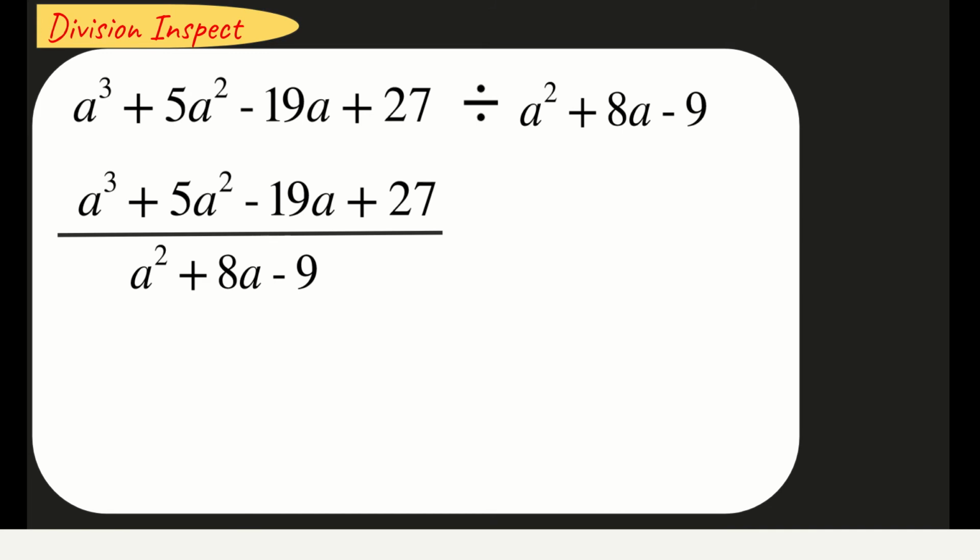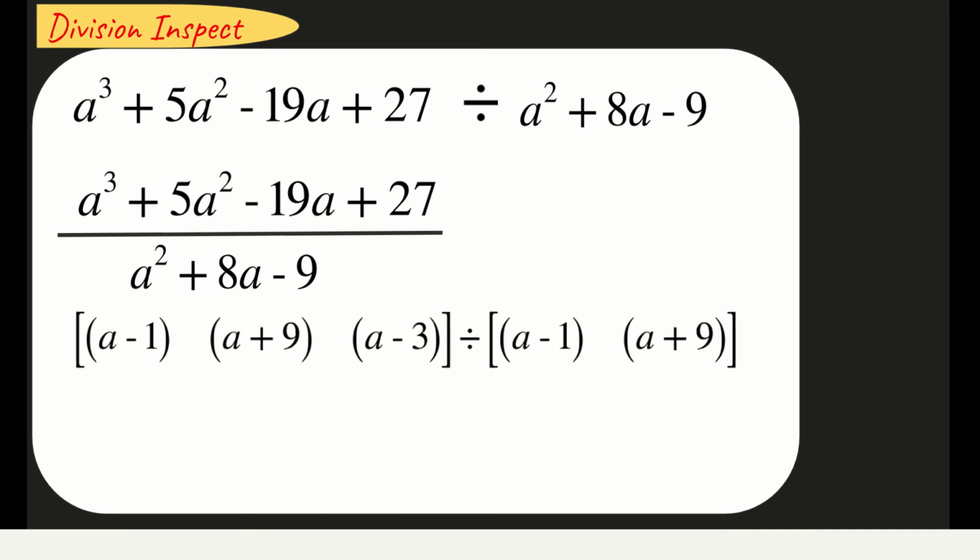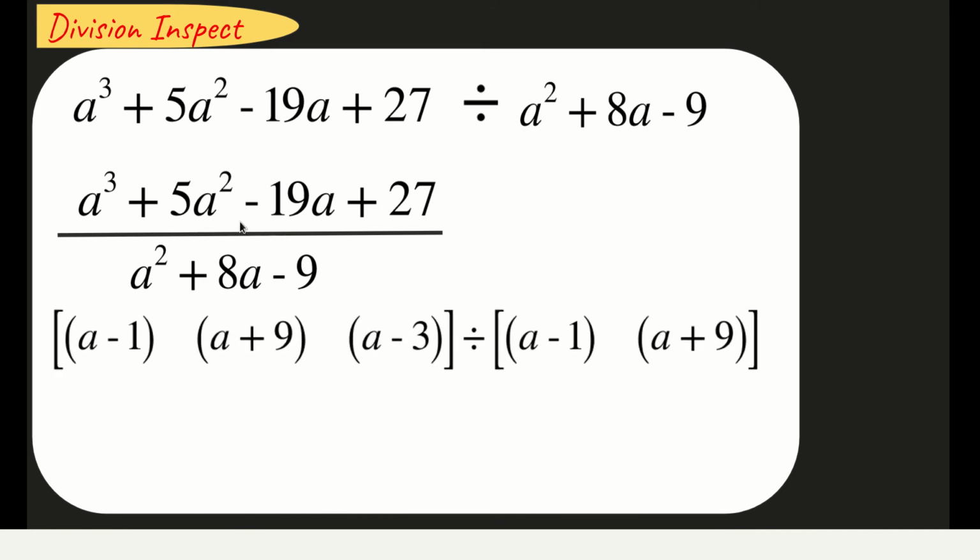So, this appears to be a polynomial divided by a polynomial, but we may be able to change these into monomial type division by simple factorization. If you take the expression at the top, a cubed plus 5a squared minus 19a plus 27, and you factorize it, if you don't know how to factorize, go and look at a previous video of mine on factorization of algebraic formulas.